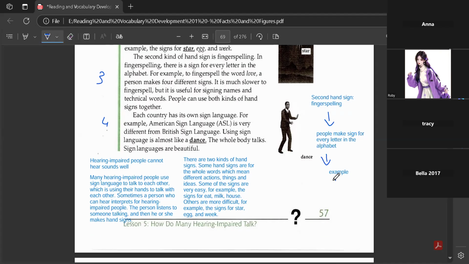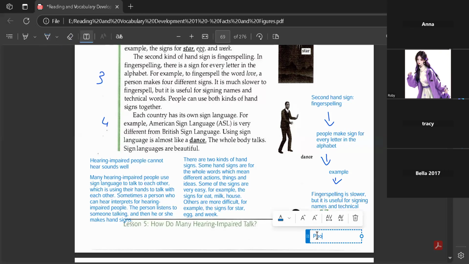Then we have: finger spelling is slower, but it is useful for signing names and technical words. Therefore, people can use both kinds of hand signs together.